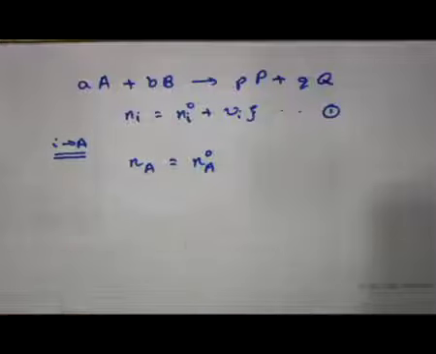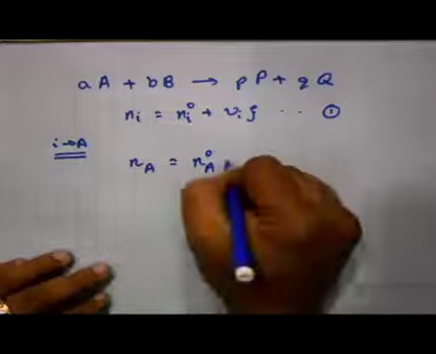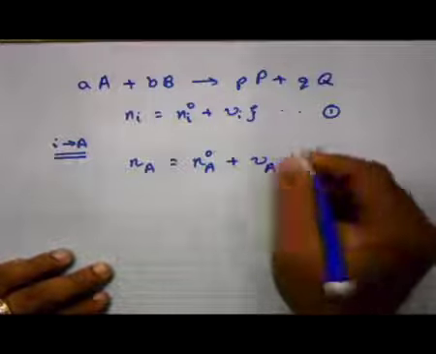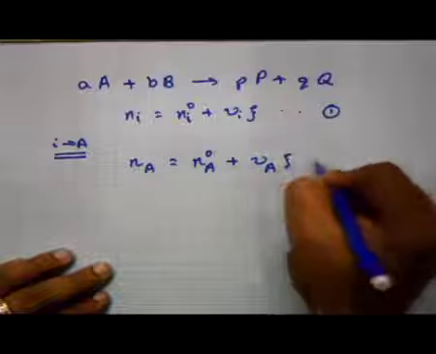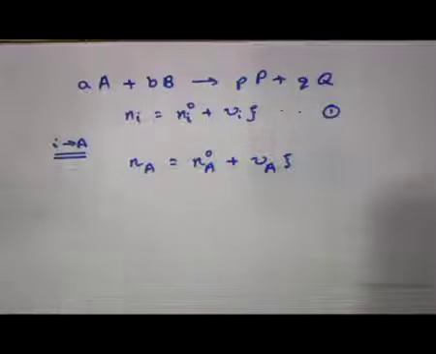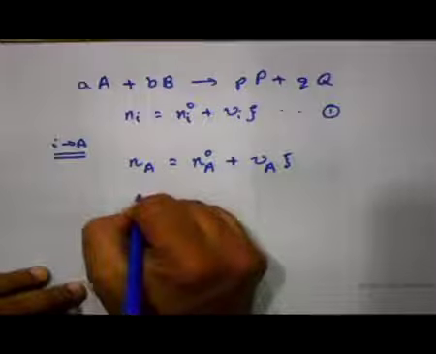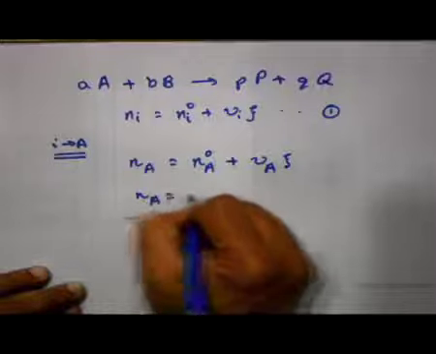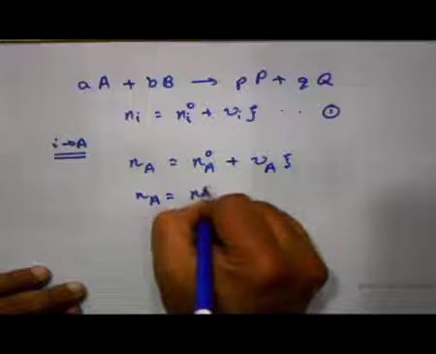This N of A 0 means the initial number of moles of A you had at time 0, where the reaction had not yet started, that means the degree of advancement of the reaction was 0.